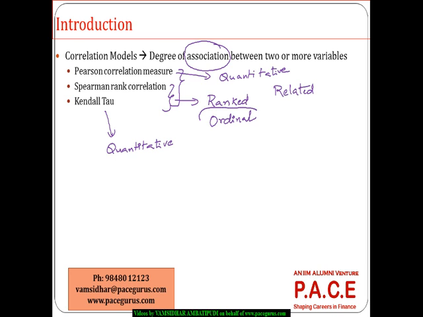But they really are a better fit for ordinal data. So let's see the different ways of computing these correlations, and do they really fit the world of finance? And if not, what are the limitations associated with them?